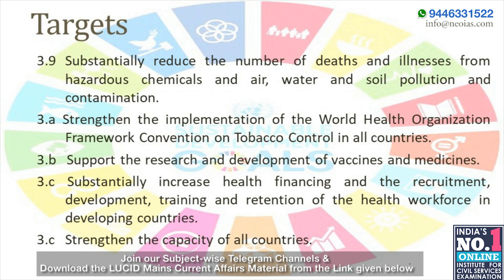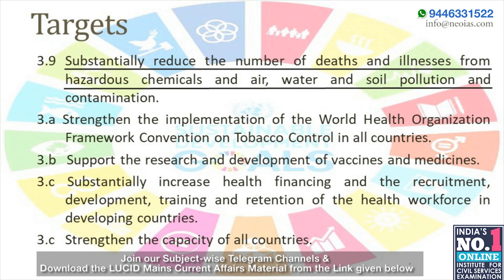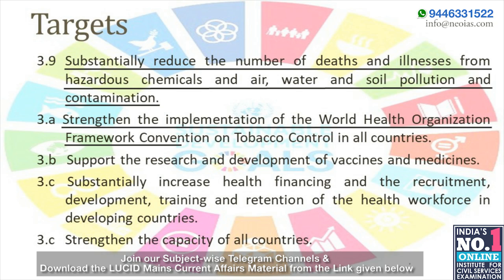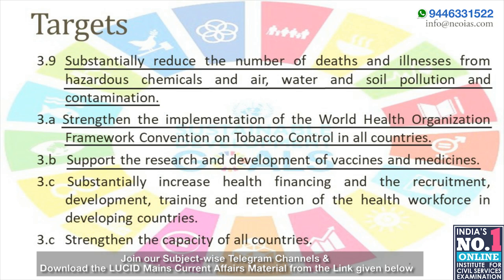Next, by 2030, substantially reduce the number of deaths and illness from hazardous chemicals and air, water and soil pollution and contamination. Also, there are 4 sub-targets, and the first one is to strengthen the implementation of the World Health Organization Framework Convention on Tobacco Control in all countries. Next is to support the research and development of vaccines and medicines.